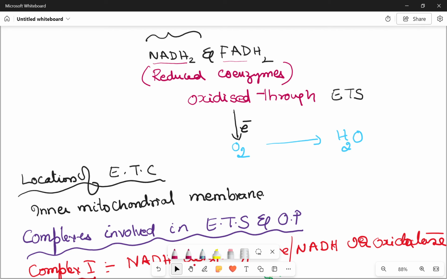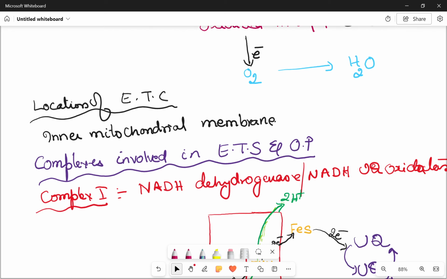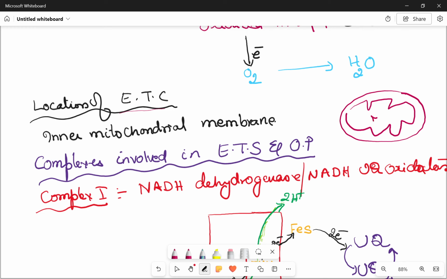Now come to the location of the electron transport system. Where is this located? In the inner mitochondrial membrane. We know the mitochondria. This is the mitochondrial outer membrane and this is the inner membrane, and it forms infoldings, and this is the matrix.